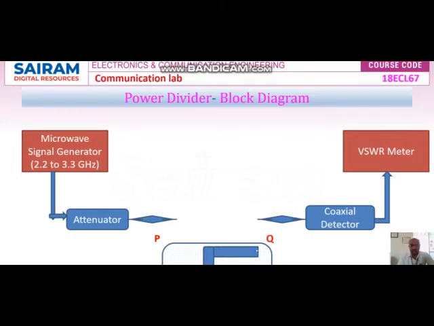Then we can measure the output power at port 2 for the inputs at different frequencies by terminating the third port. Next, find out the output power at port 3 by terminating this port for the different values of the input power. So first we can go for the direct connections.